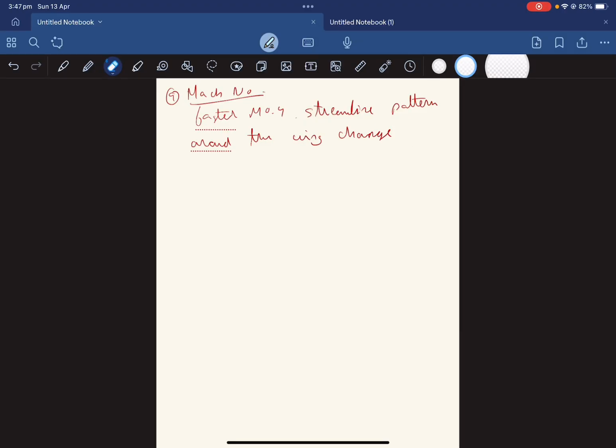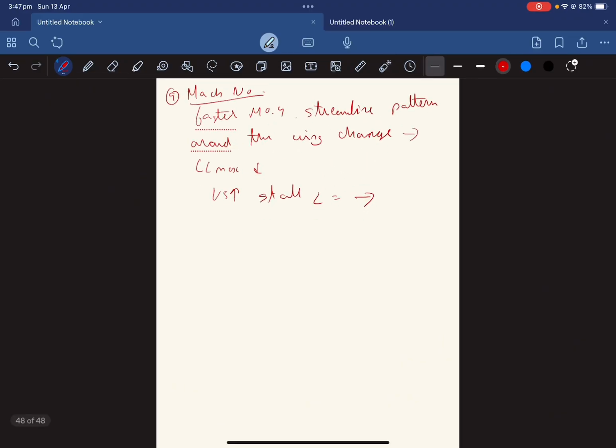So what does this cause? It causes your CL max to reduce. Because of this, what happens to your stall speed? Of course, it's going to increase. And what happens to your stall angle? It's going to remain constant.